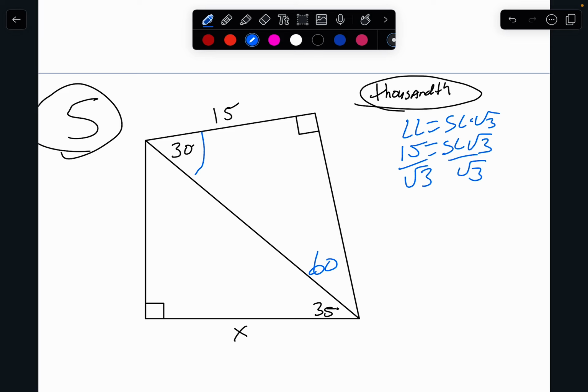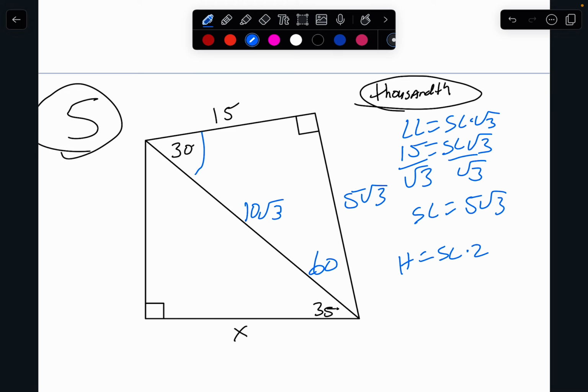Hopefully you can do all this in your head. That's the hope. This is the stuff we just took a quiz on. 15 divided by root 3, the short leg would be 5 root 3. So this side is 5 root 3, making this hypotenuse 10 root 3. But remember that the hypotenuse equals the short leg times 2.